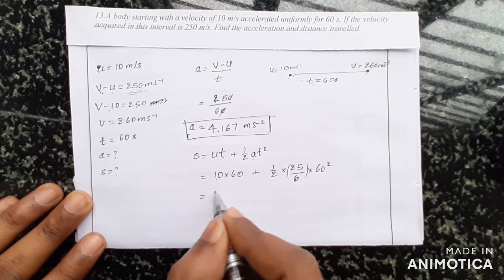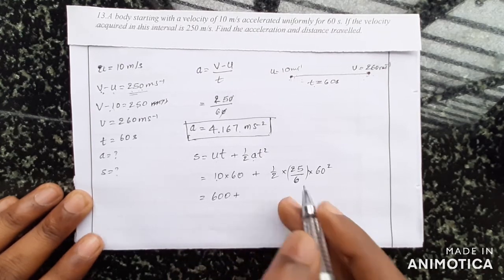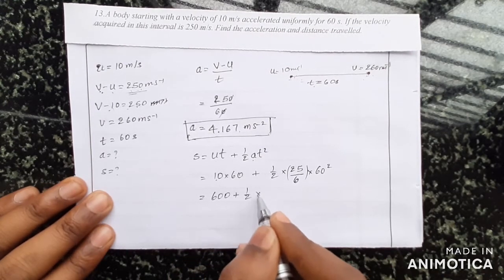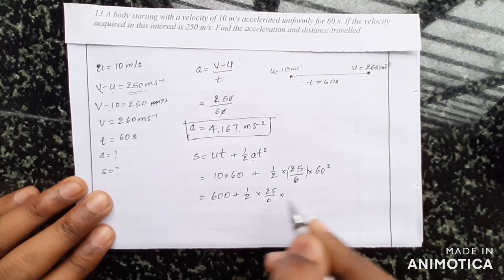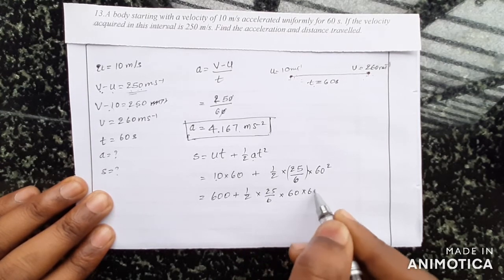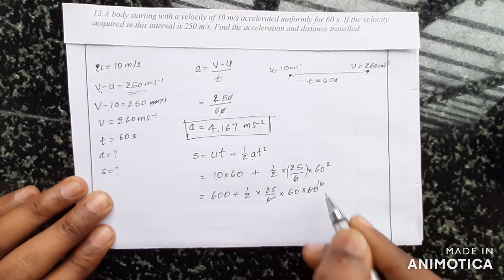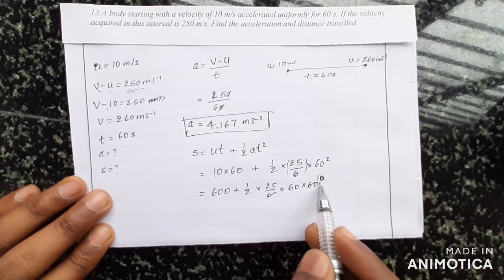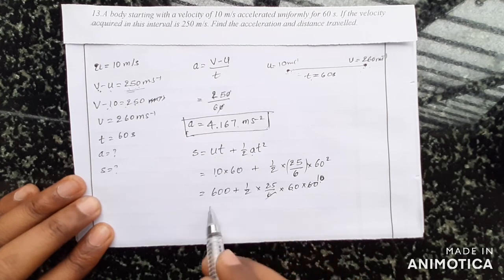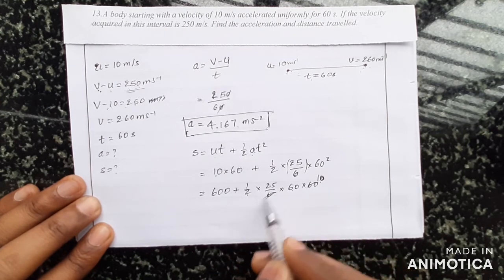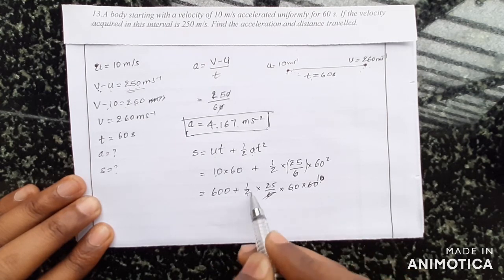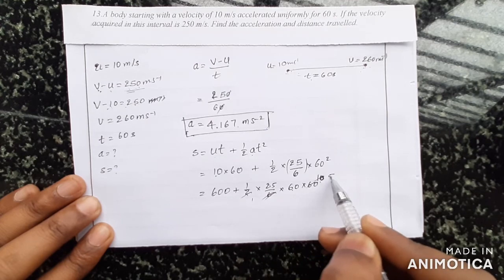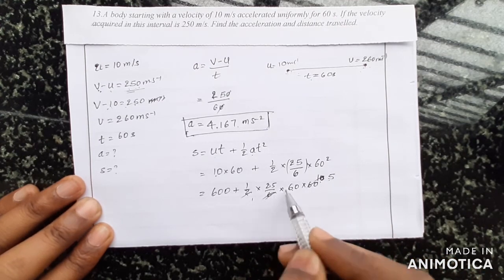So 10 into 60 is 600, plus half into 25 by 6 into 60 squared, which is 60 into 60. The 6 cancels, and 2 ones are 2, 2 fives are 10, leaving 5 into 25 into 60.